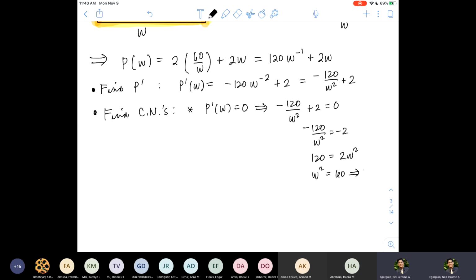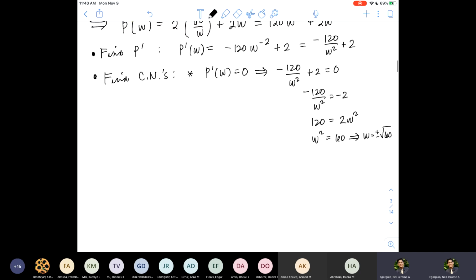That means W is plus or minus root of 60. I'll leave it in that square root form because it would be easier to manipulate.